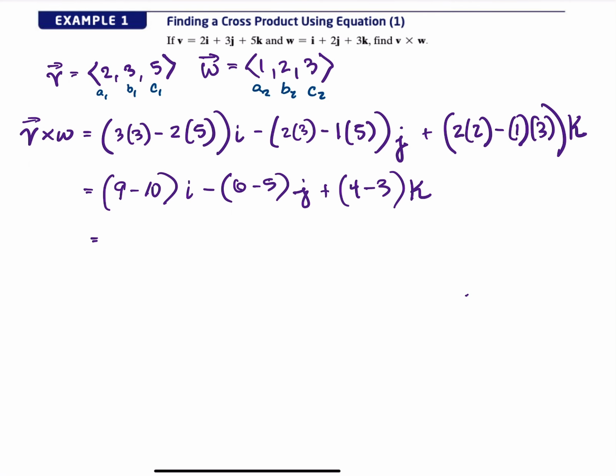So that will give us negative 1 i. So we can write negative i minus 1 j plus 1 k. So minus i minus j plus k. Or we can write it in component form as negative 1, negative 1, positive 1.